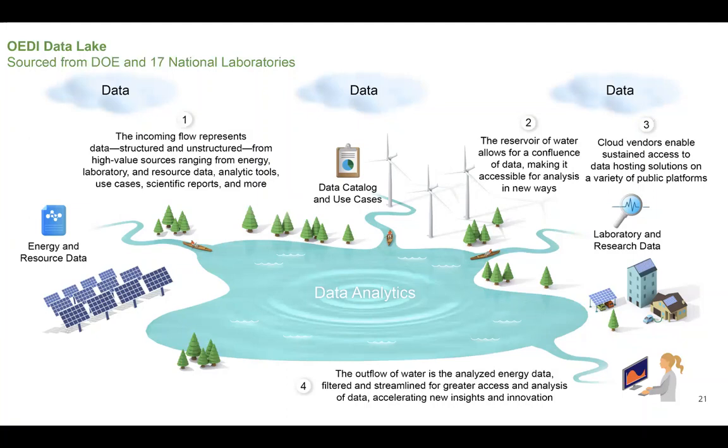The idea is that energy data will be coming in through a lot of different ways, potentially resource data like we just showed, but there's also lots of data catalogs that we manage. There's a lot of performance data that's out there. There's laboratory and research data that's out there. There's all sorts of data that hopefully will either be in this data lake or in other data lakes near this data lake and easily shared.